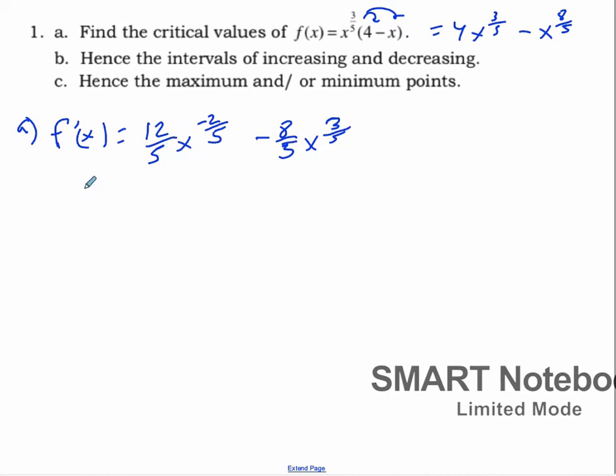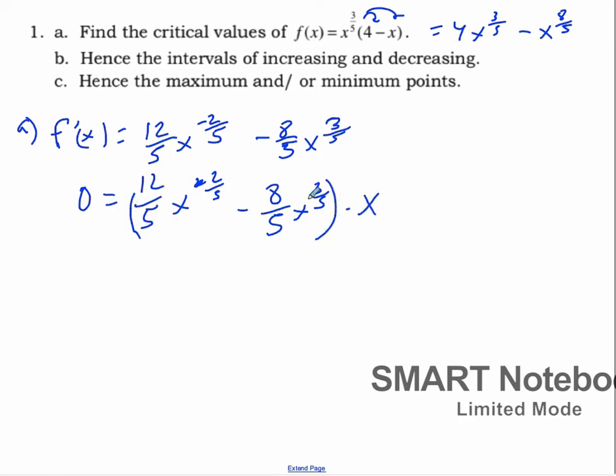Okay, so next we're going to set the derivative equal to 0 to figure out any critical values. And we want to simplify this a bit to be a bit easier. And we've got these fractional exponents. What we could do is multiply both sides by something to get rid of these fractional exponents.